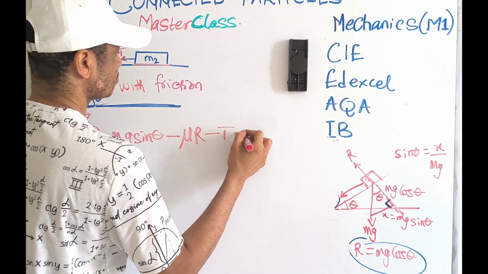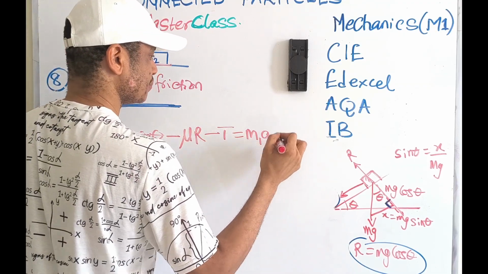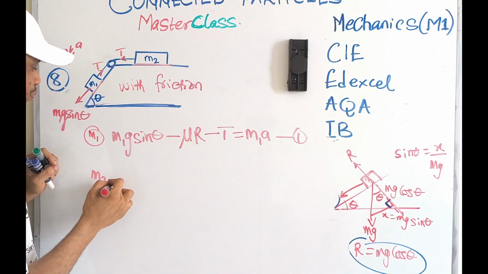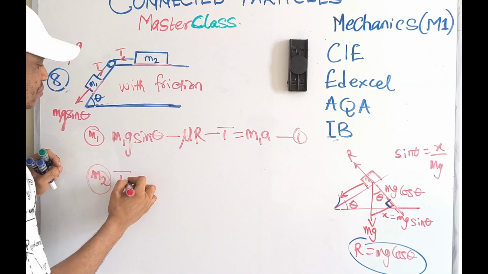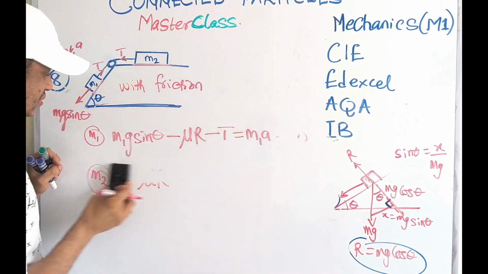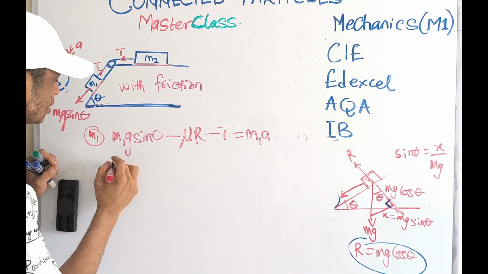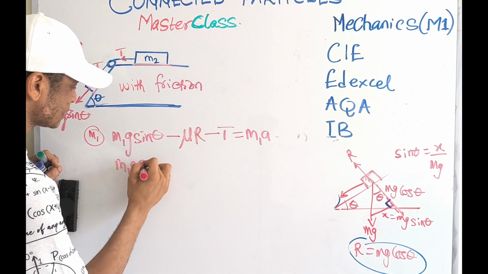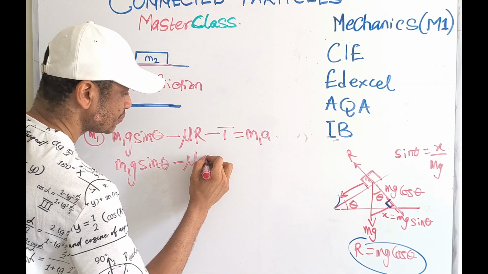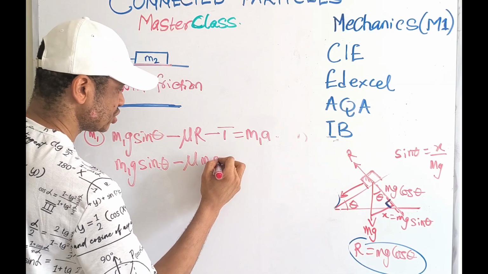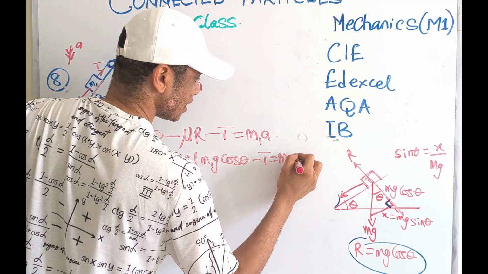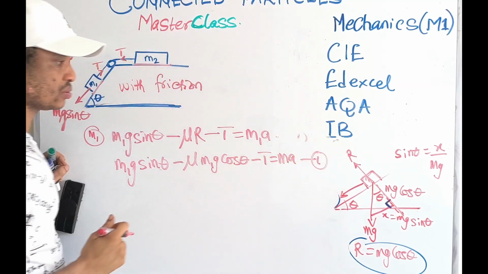Minus T is equal to m1a. So this is my first equation. So the final equation will be m1g sine theta minus mu m1g cos theta minus T is equal to m1a. So this is my final equation.